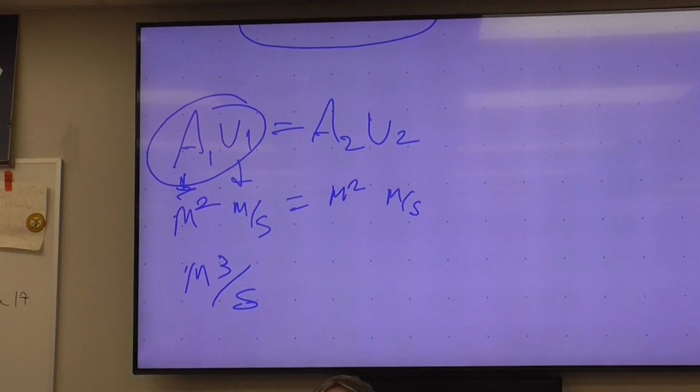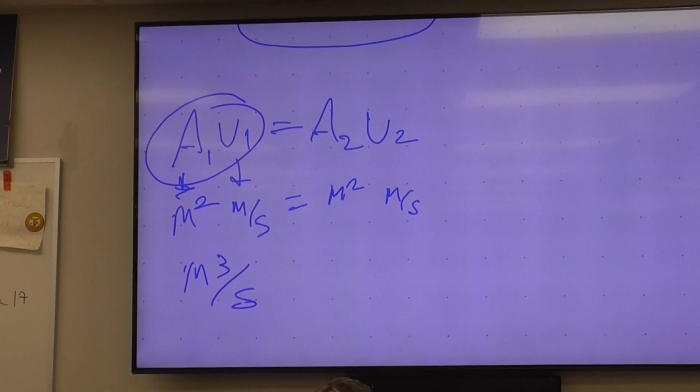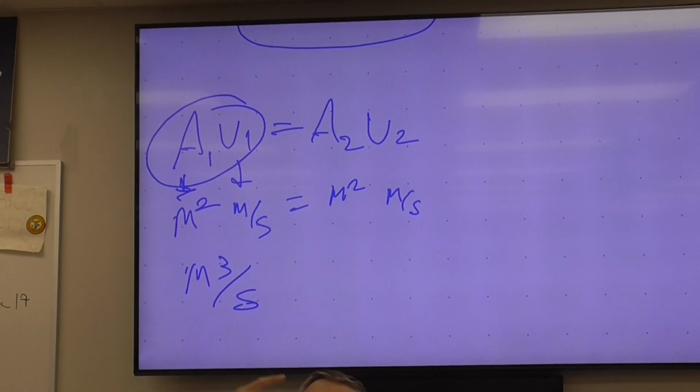So I can't lose mass. The same volume has to be moving here per unit of time as here. But in this section, I've got a really big cross-sectional area, so this is going to move slowly. What's going to happen over here to compensate, where you have a really small cross-sectional area? It's got to move faster.